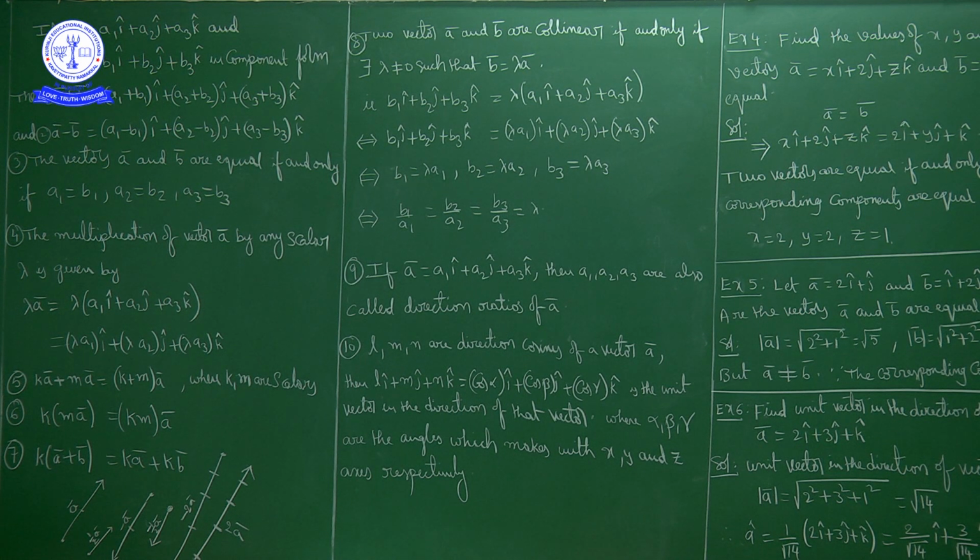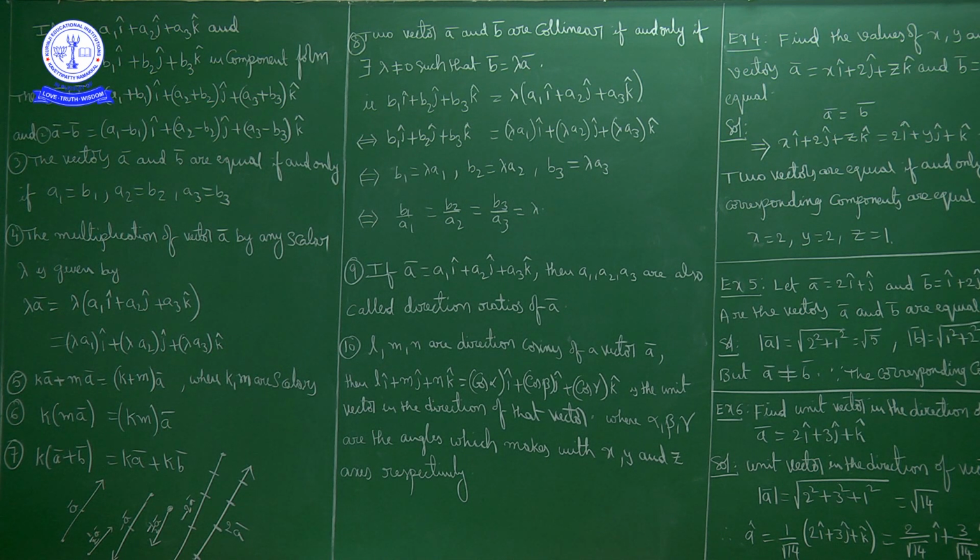But not only this. Here is the 8th point: two vectors a bar and b bar are collinear if and only if there exists a non-zero scalar lambda such that b bar is equal to lambda times a bar.